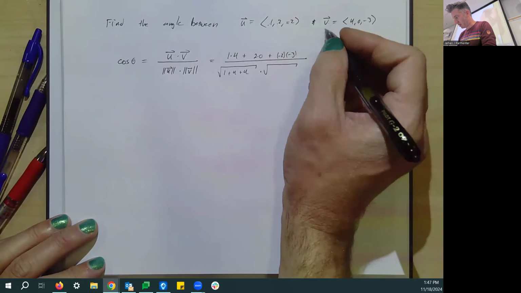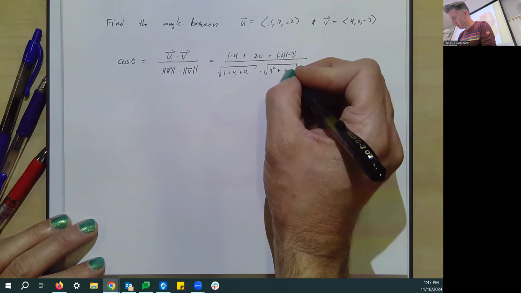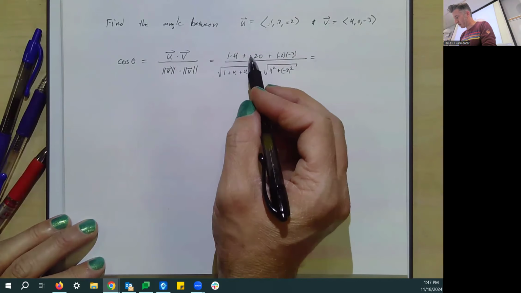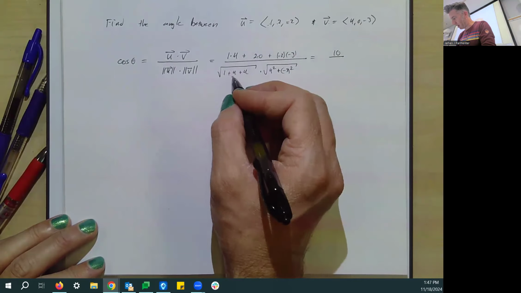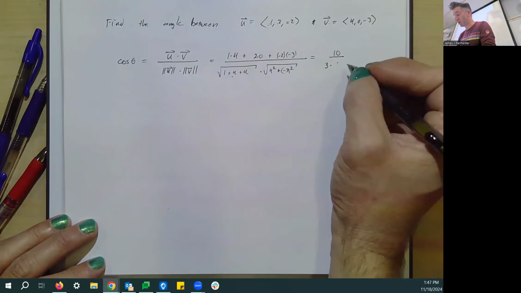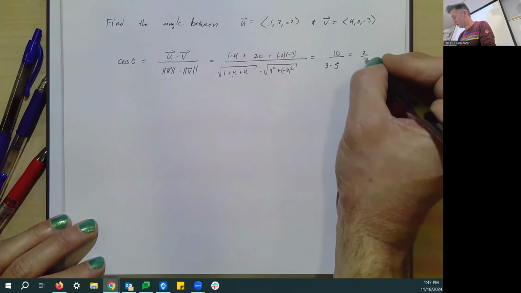And the magnitude of v is the square root of 4 squared plus 0 squared plus -3 squared. So on top we have 4 plus 0 plus 6. On the bottom we have the square root of 9 times the square root of 25, which is 5. That ends up equaling 2/3.